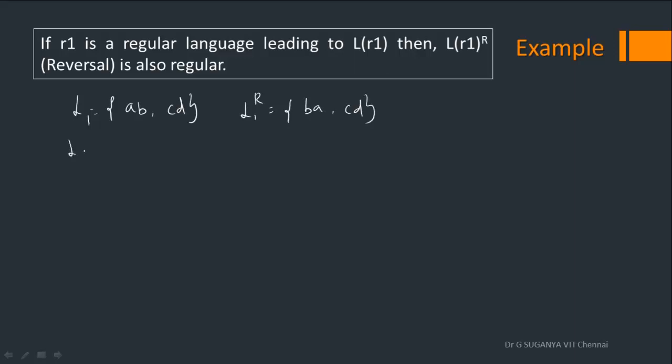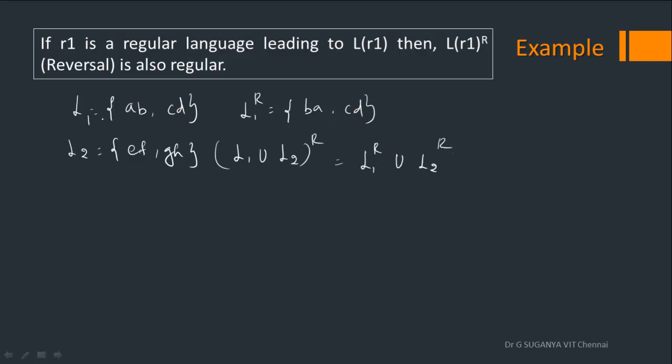Now, if I take 2 languages, L1 and L2, L1 is already given. If I take L2 to be EF, GH, what is L1 union L2, the whole to the power reversal? That is, I am going to take the union of 2 languages and apply the reversal. So, what are the words that we will get? It's nothing but L1 power reversal union L2 power reversal.